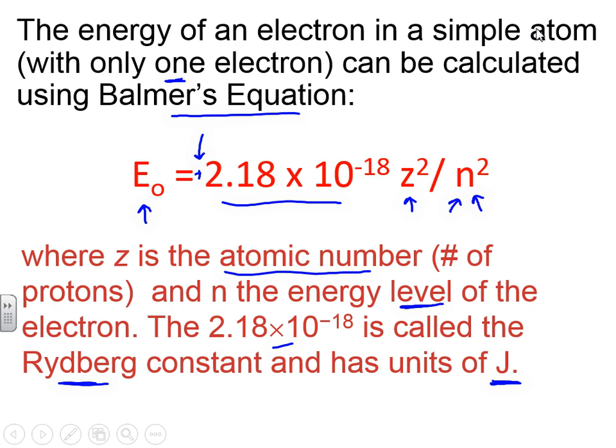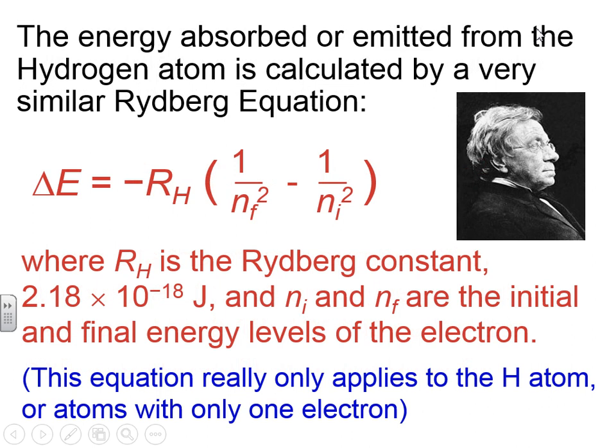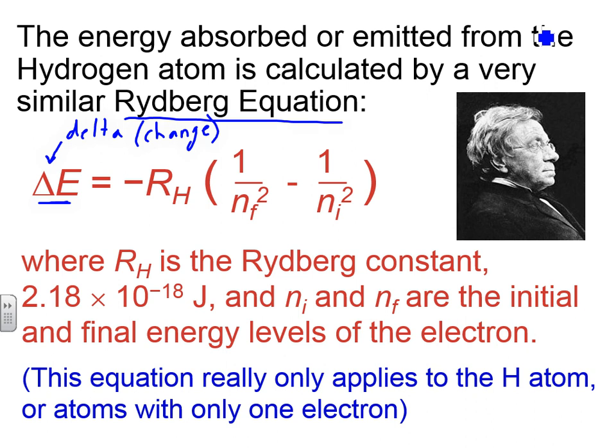So we'll use this to calculate how much energy each level has. What you could do then is compare that against another energy level's electrons and subtract them, and you'll be able to find what's called the change in energy. This little letter here is delta, which means the change in energy. Balmer's equation was combined to create this Rydberg equation that allows you to see how much energy would be released if an electron jumps, because the previous equation just tells you how much energy it has if it sits there. Now we're going to calculate how much energy if it jumps between two different levels.